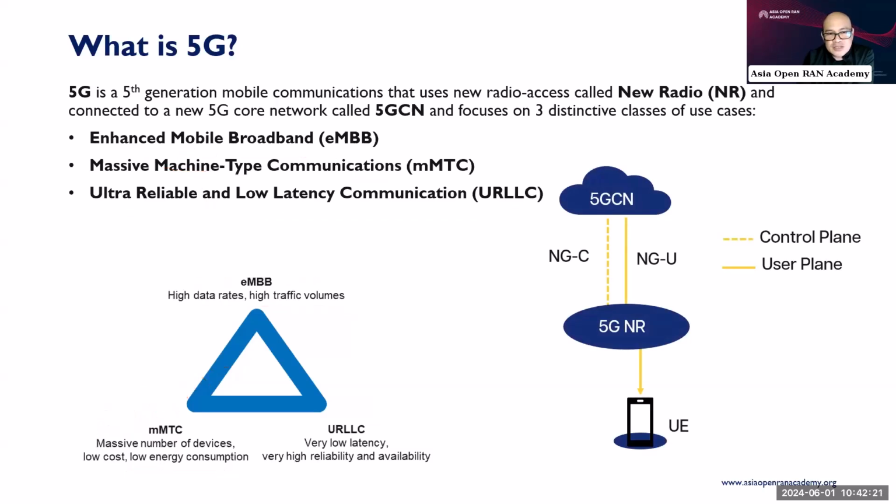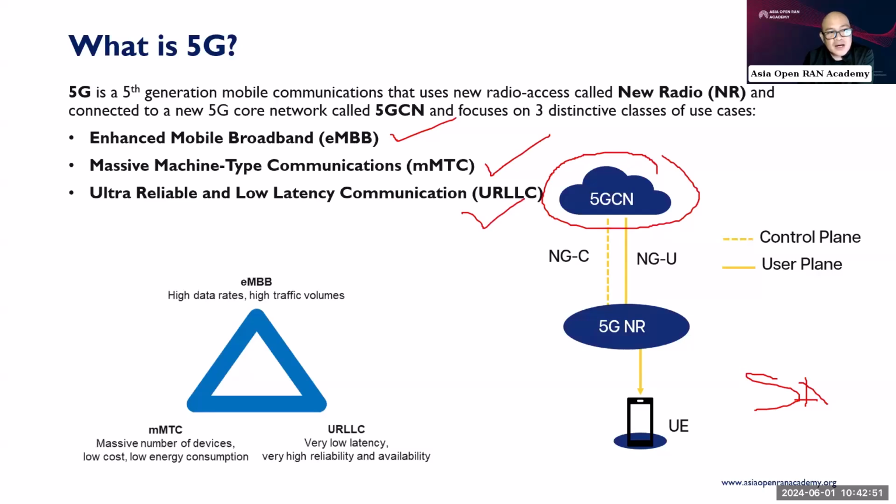Okay. So the architecture is also flat, such as LTE. This is a typical example of SA, standalone mode. So this is the holy grail of 5G. This is our destination. This is our objective, to build a 5G network with a dedicated 5G core. If we have a dedicated 5G core, we can go up to these 3 use cases.